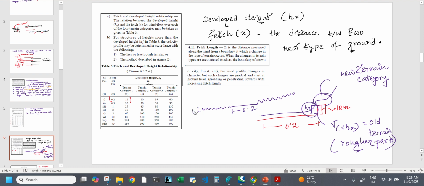This is 12 meter and this is 20 meter, that means 8 meter height difference. So above 12 meter we have to calculate based upon the new terrain category, and below this is calculated upon the older terrain category.